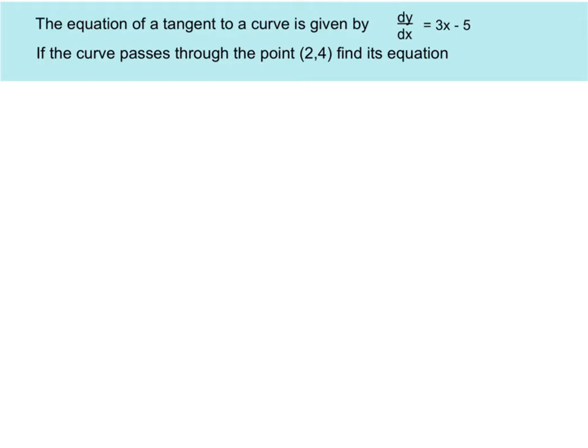So I'm going to write down my differential equation. dy by dx equals 3x minus 5. Now the important thing to understand is this is telling me the function y has been differentiated with respect to x. I want to undo the differentiation here.